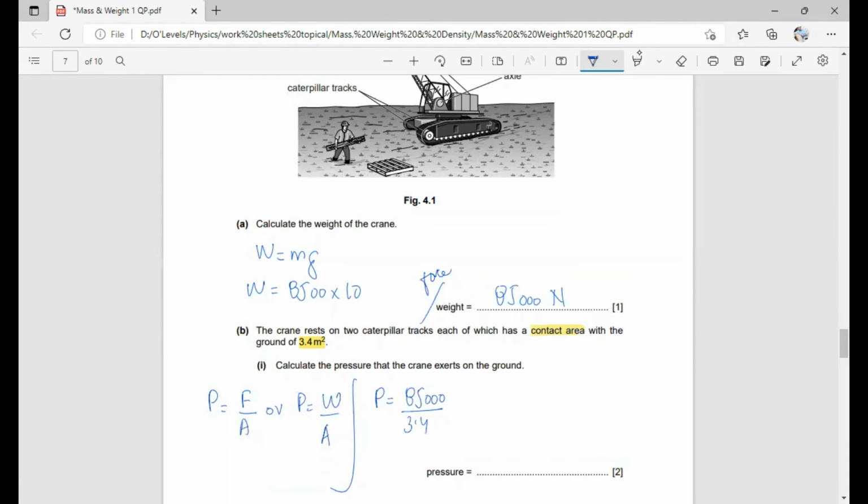You will get a very huge value, 25,000 pascals. Okay.